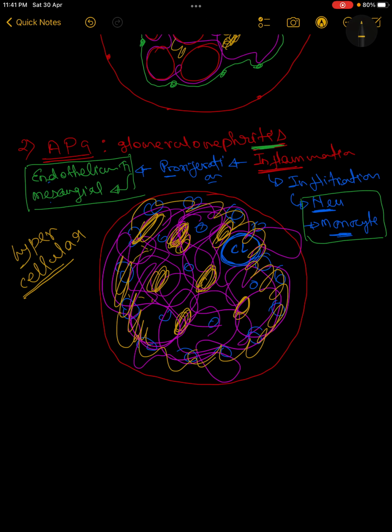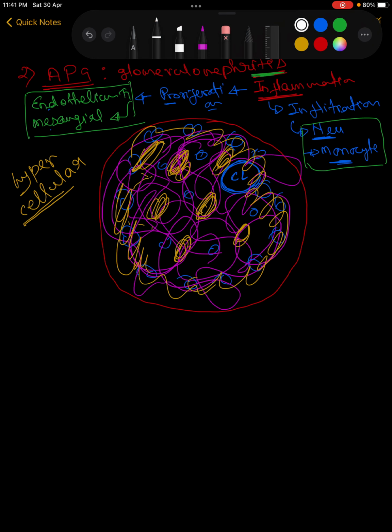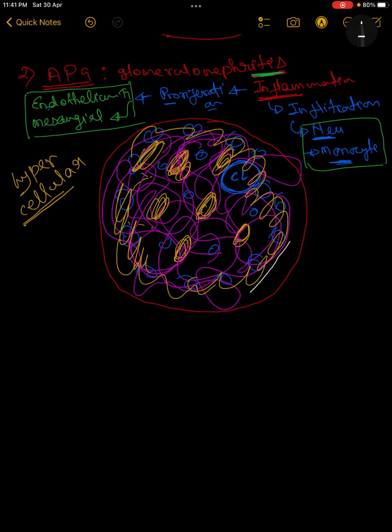So how are you going to define it? You will notice that most of this space is narrowed. In this position you can see the Bowman space, but here it is very narrow. This is what you are going to see. The important point is hypercellularity.